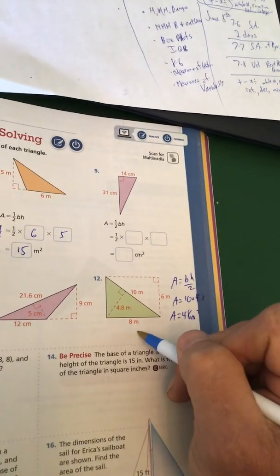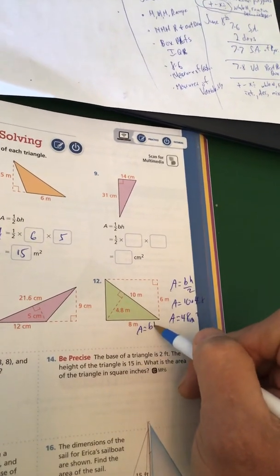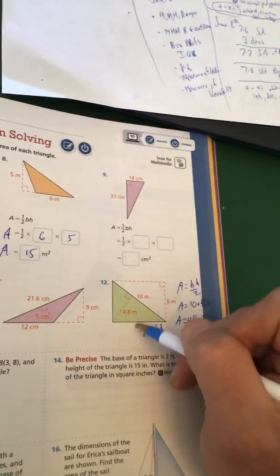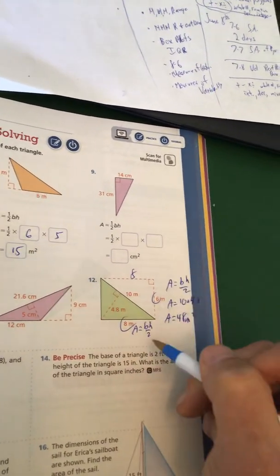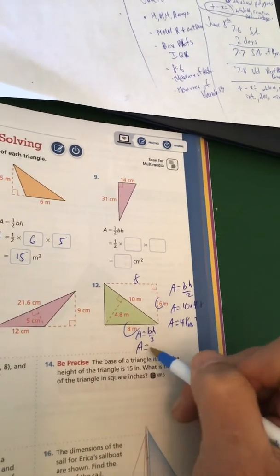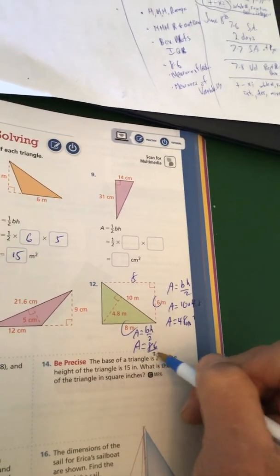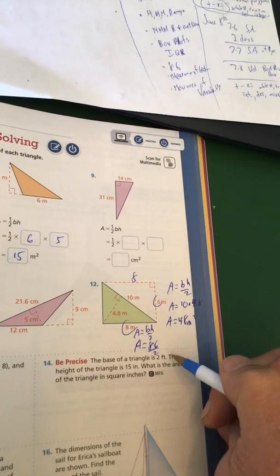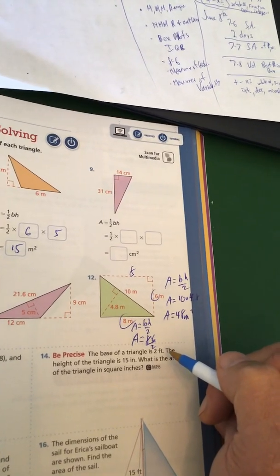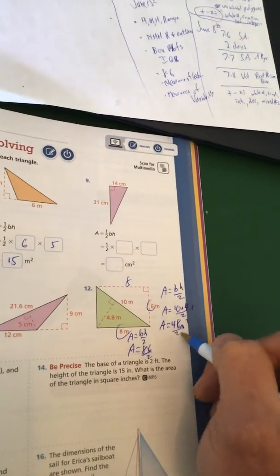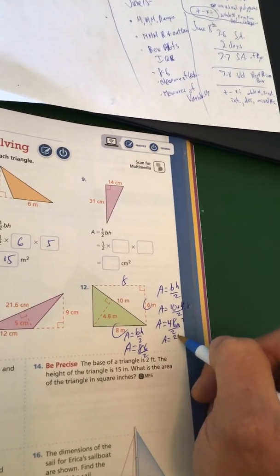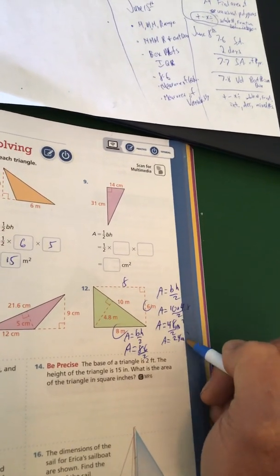If I did the other one, area equals base times height divided by 2. If I did these, here's my base and my height, you get 8 times 6 divided by 2. Oh, I forgot to divide by 2. So you divide by 2 and you get 24 meters squared.